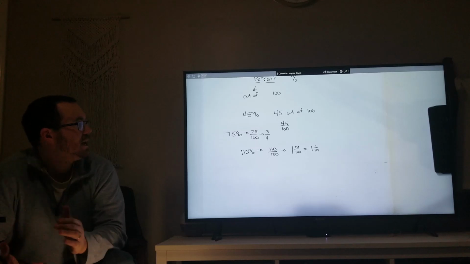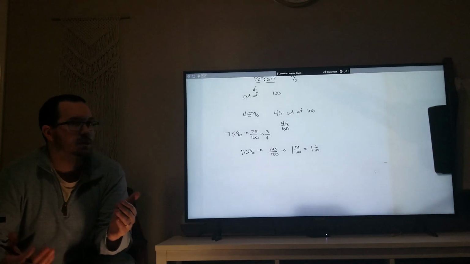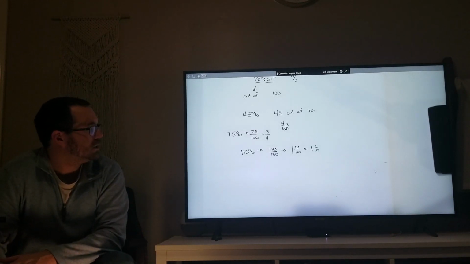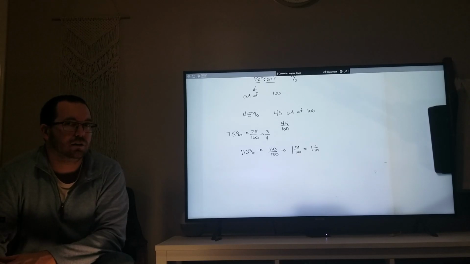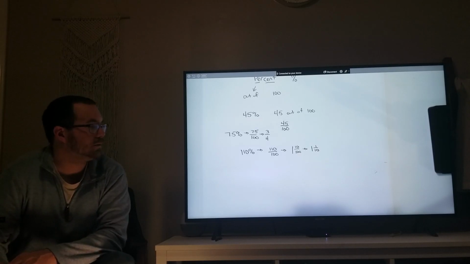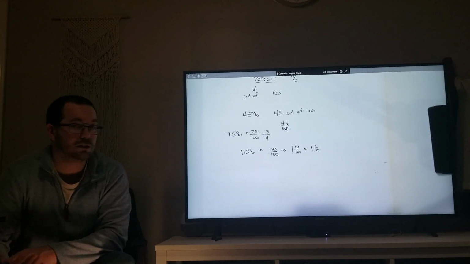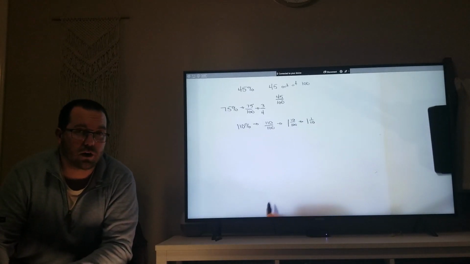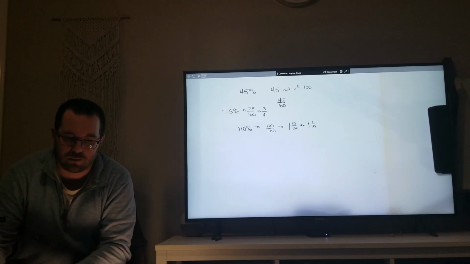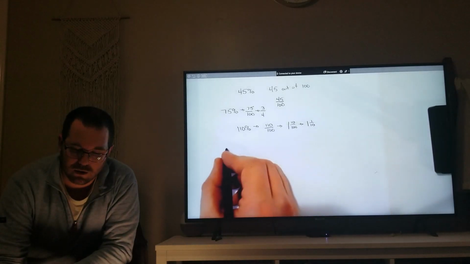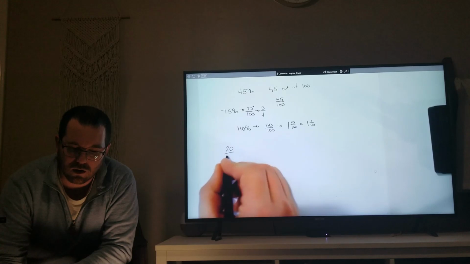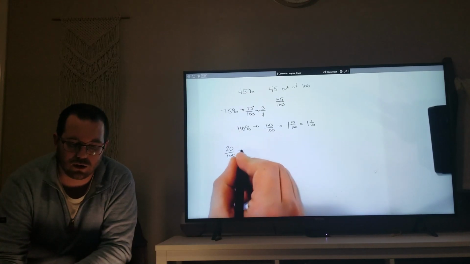So here we see how to go from a percent to a fraction. Let's take it the other way. Can we go from a fraction to a percent? Well, let's take a look. We're going to start off maybe with a little bit of an easier one. We're going to start off with the number 20 over 100.